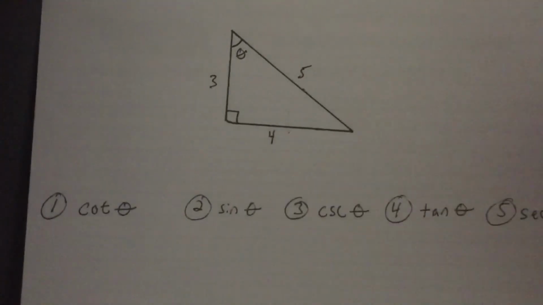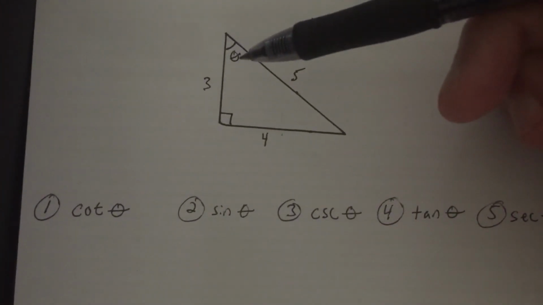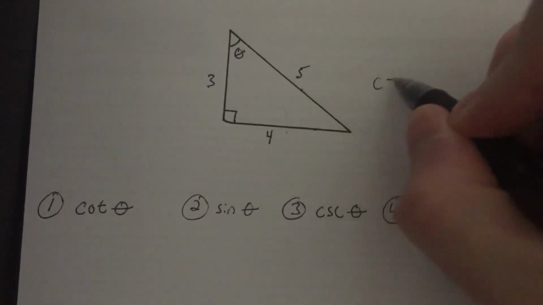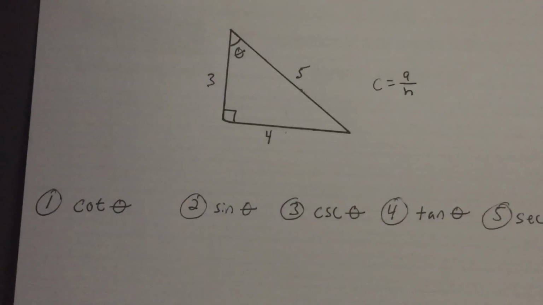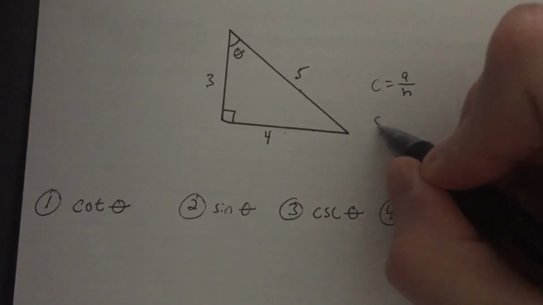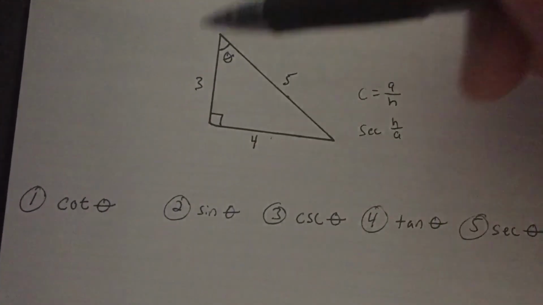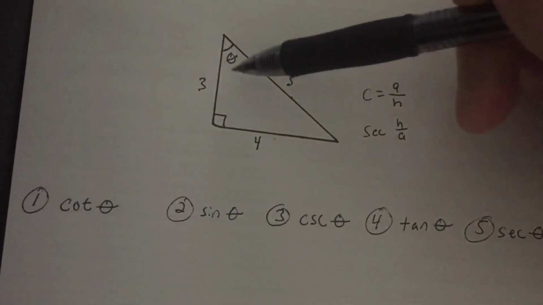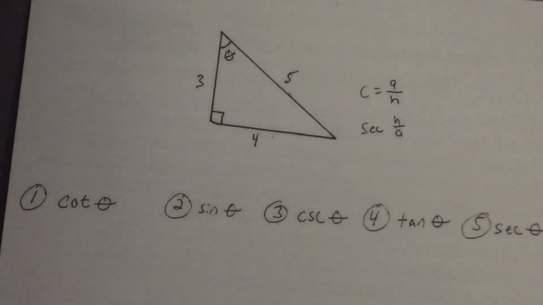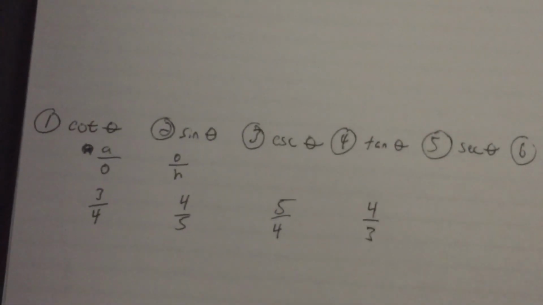Angle theta. Think about what secant stands for. If cosine is adjacent over hypotenuse, then secant would have to be hypotenuse over adjacent. So the hypotenuse is 5, the adjacent is 3, so I believe the secant is 5 over 3.